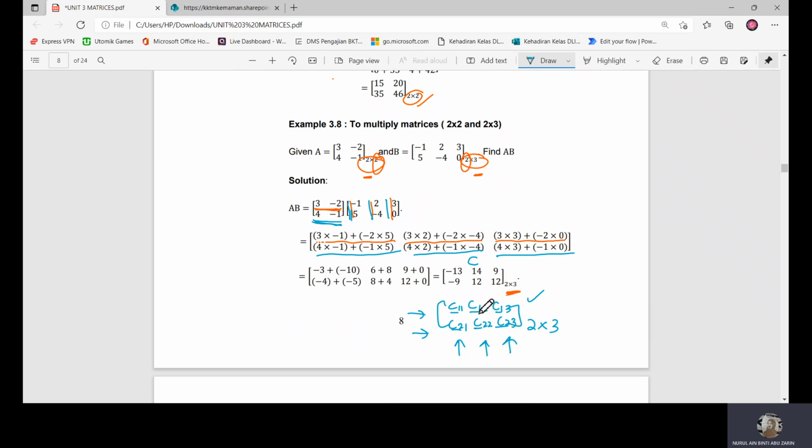If it is C12, that means first row and second column. And C13 means first row multiplied by the third column, and so on. That is how you understand the process of multiplication of matrices. Right, that's all. Thank you.